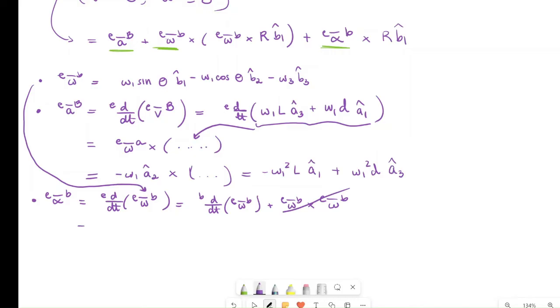So we're just left with the time derivative of this with respect to the B frame.